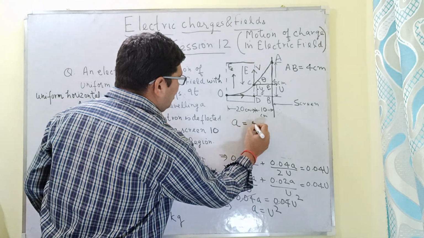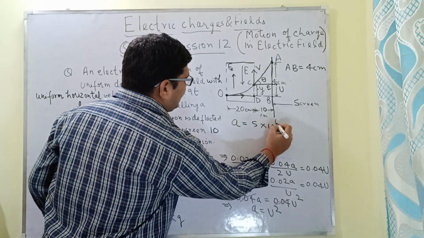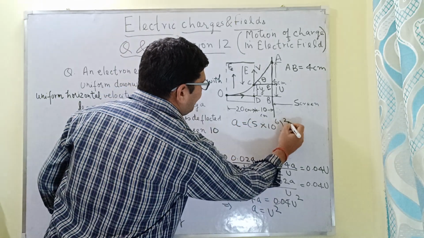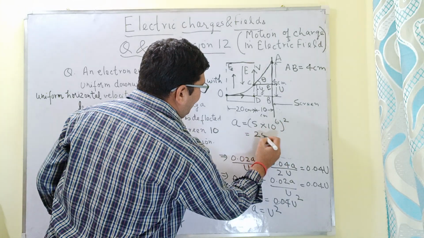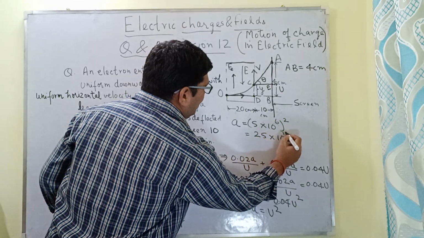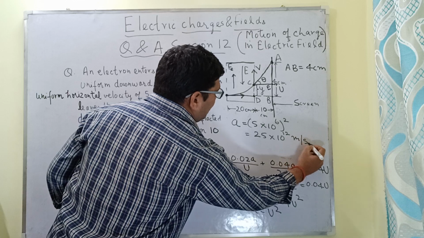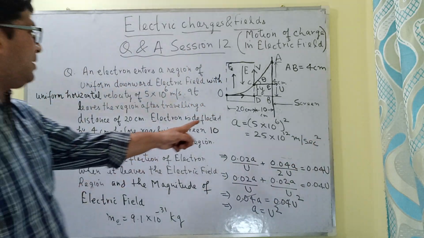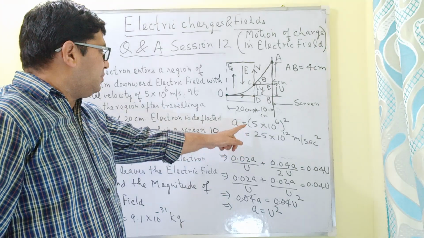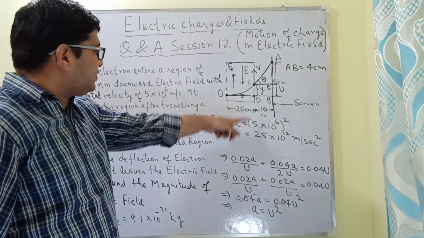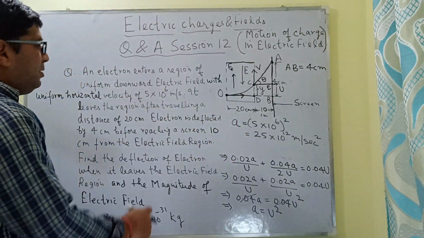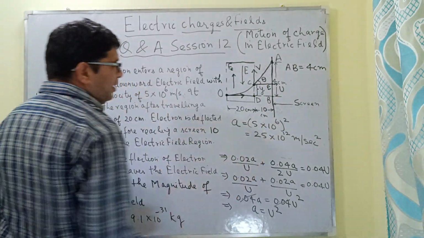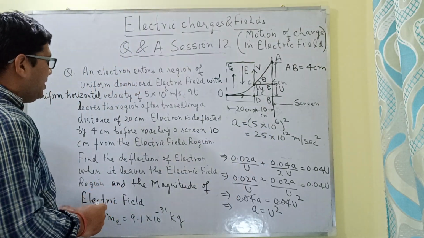So a will be equal to 5 into 10 to the power 6 whole square, which is equal to 25 into 10 to the power 12 meter per second square. So the acceleration of this electron, A, is equal to 25 into 10 to the power 12 meter per second square.